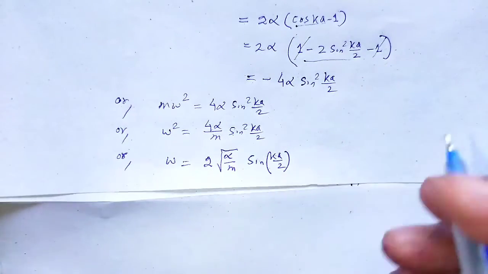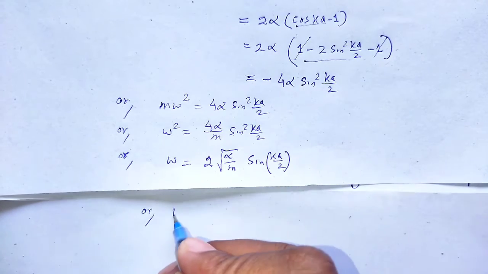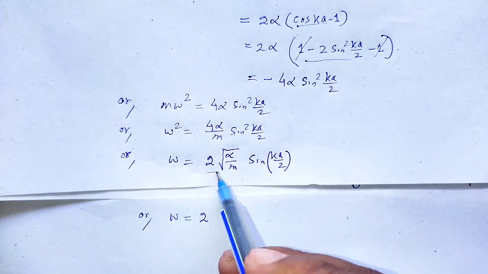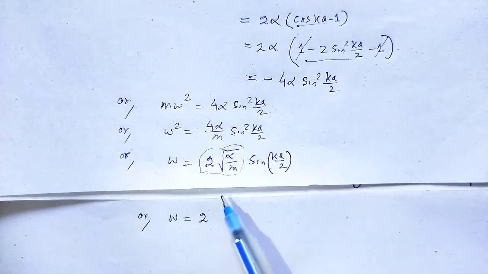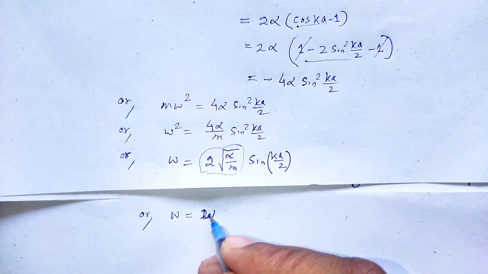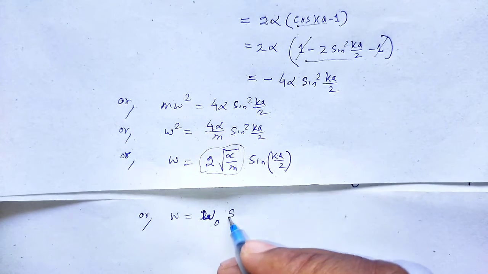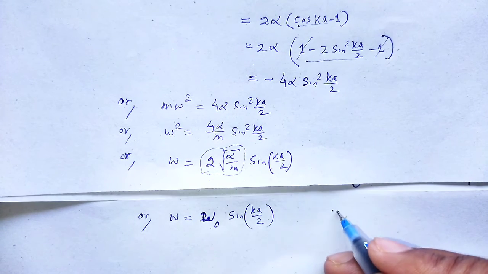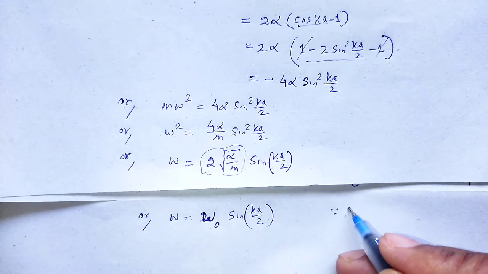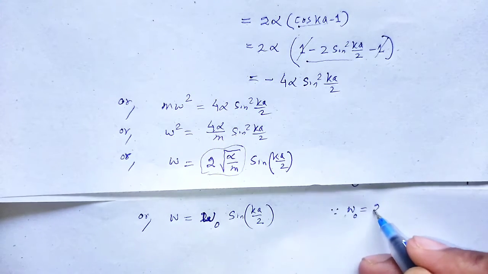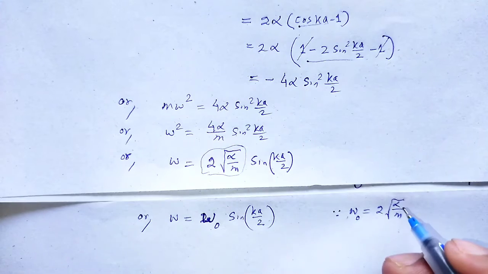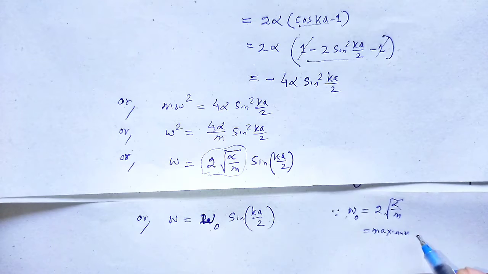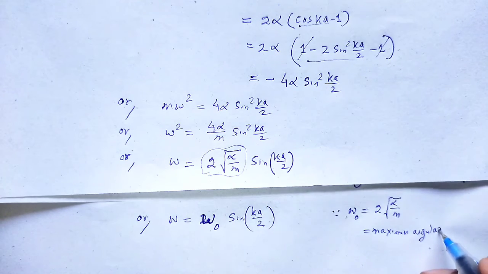Or omega is equal to 2 under root of alpha by m, as we prefer omega naught, sin (ka by 2). Here we prefer omega naught is equal to 2 under root of alpha by m, that one is maximum angular frequency.